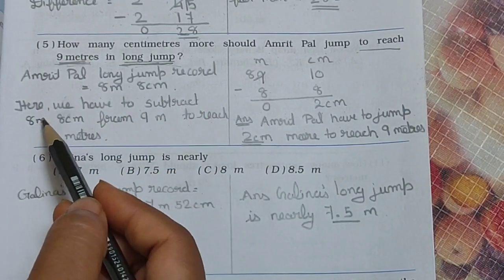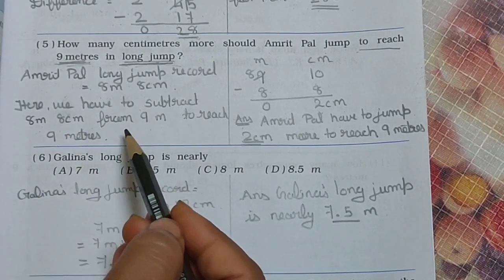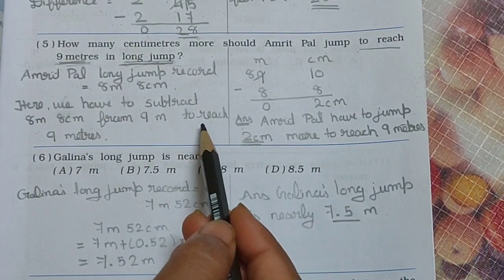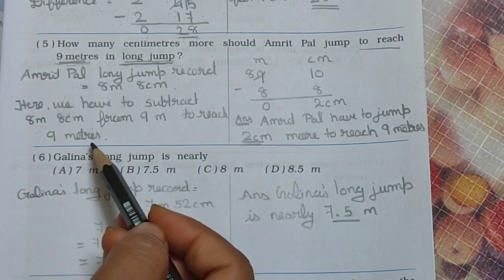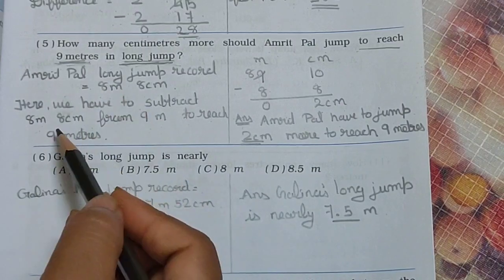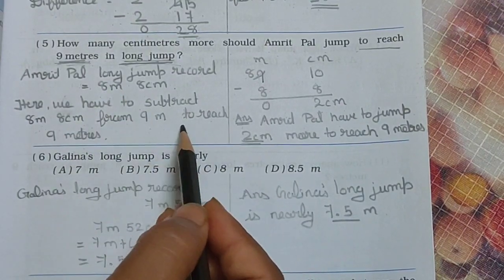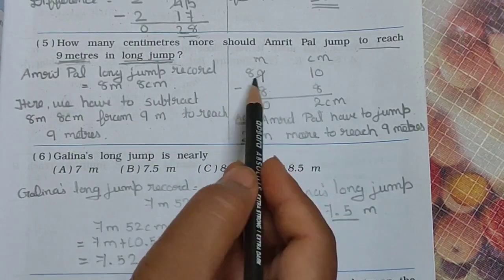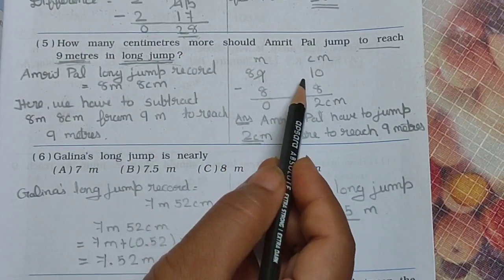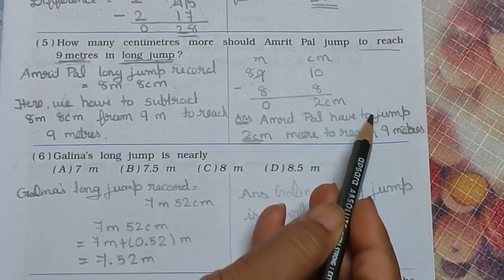Okay, now see here we have to subtract 8 meter 8 centimeter from 9 meters to reach 9 meters. See here, meters, centimeters: 9 meters, no centimeters, so 0 comes, minus 8 meter 8 centimeter.